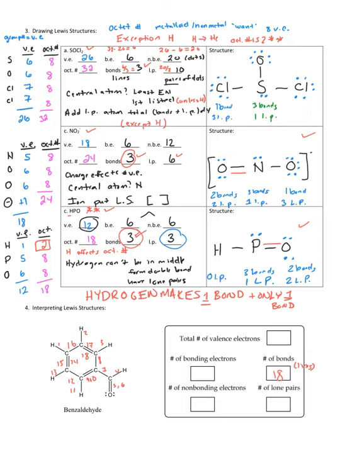In terms of lone pairs, right, there's just 1, 2. Right, this is pairs of dots. To get to non-bonding electrons, you can multiply by 2. Right, this is the total number of dots, which in this case is 4.